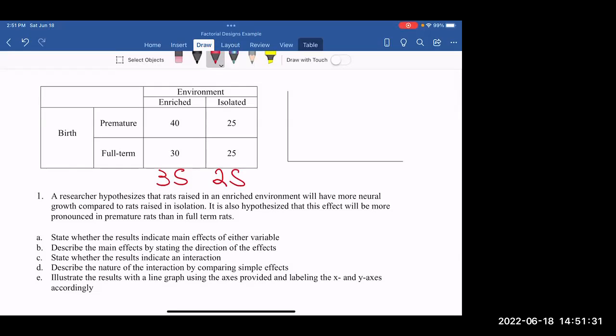So we might say something like, the overall mean neural growth for the enriched condition was 35 compared to the overall mean in the isolated condition, which was 25. Okay, so therefore, in support of the researchers' hypothesis, overall, there was more neural growth in the enriched condition than the isolated condition.